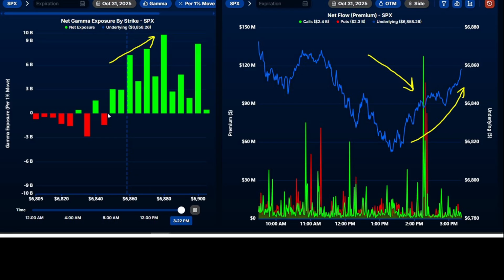When price is in a positive regime and you see one, two, or three big bars continuing and increasing in that direction, you expect that price goes higher because, as I said before, the price will try to go to the maximum GEX positive gamma. Price will try to go there because dealers and market makers have to hedge there.